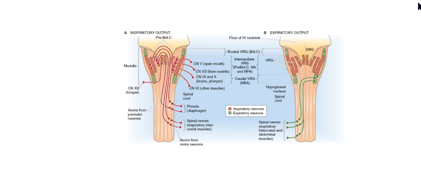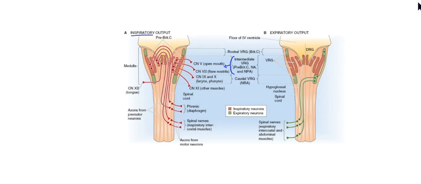Looking here on the left, again, this is from the Boron book, and we're going to look at inspiratory output on the left. The big ones that I want to mention here are that your inspiratory nerves are specifically looking at your intermediate ventral and your DRGs.